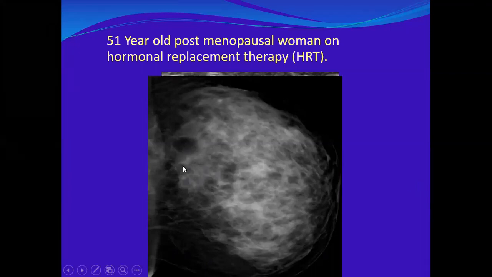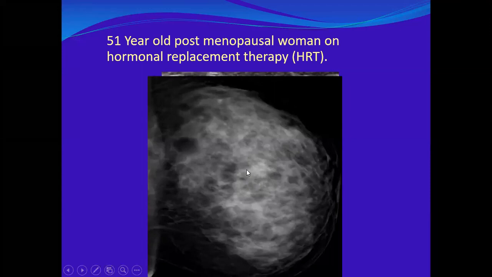Yes, this area. This is normal glandular tissue. There is another one at the center mid breast. Excellent, well done. You are talking about this area. Yes, you are right. You got it. This is the area of asymmetry.